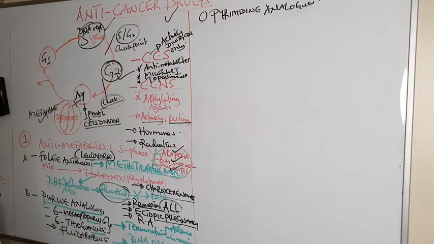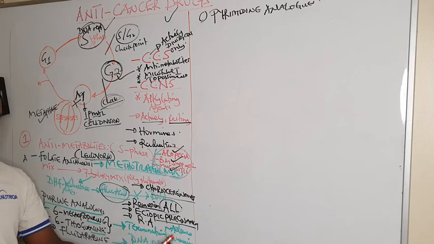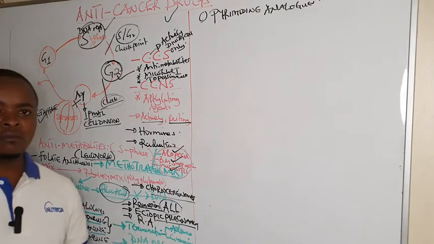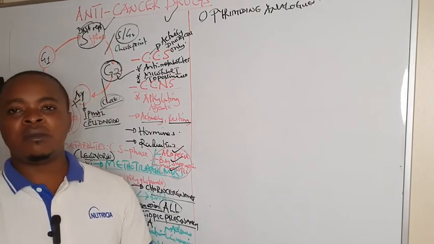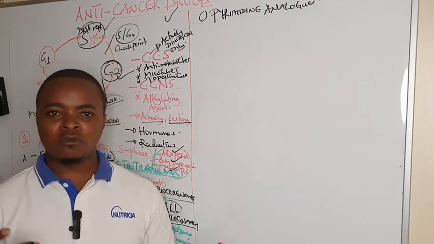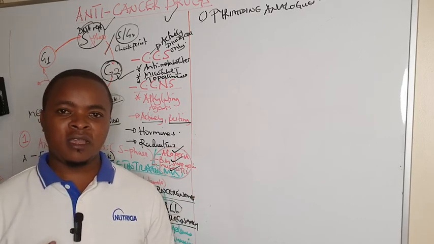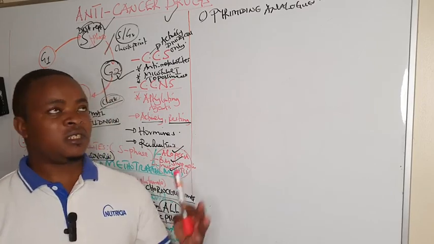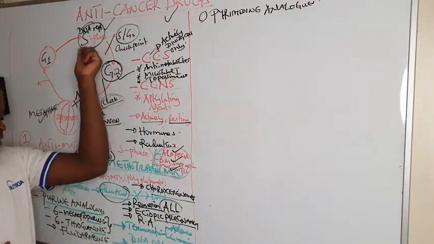So this is what we can talk about under this. Their mechanism of action is inhibiting synthesis of purines, that is adenine and guanine, at the same time causing chain termination of the DNA. And we are not able to manufacture DNA during the synthetic phase.